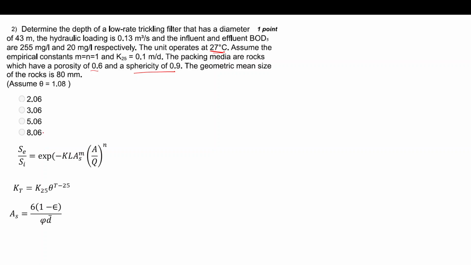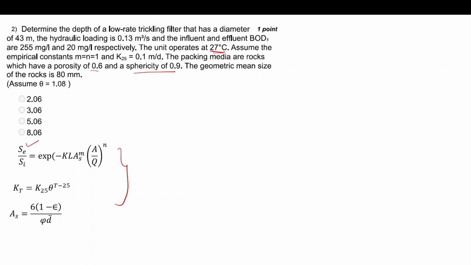If not, for trickling filters, these are the correlations used, which are mentioned in the lecture. So here, S is nothing but substrate or BOD concentration in the effluent and in the influent.